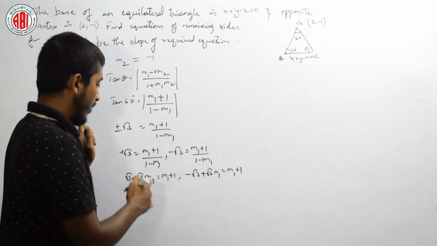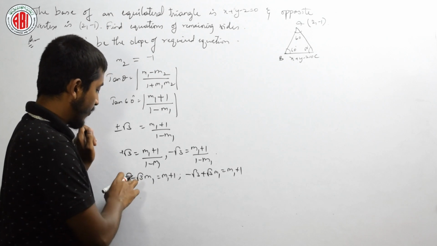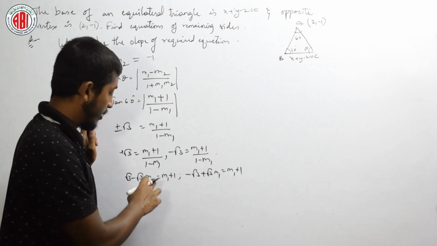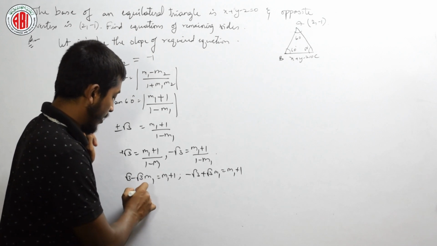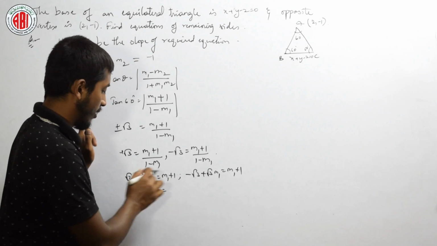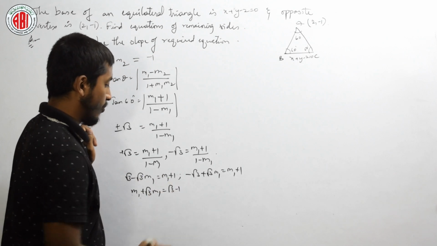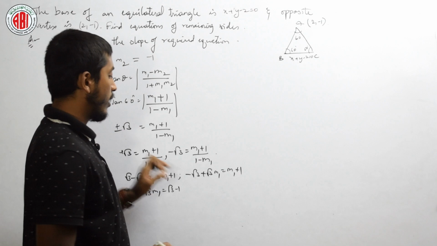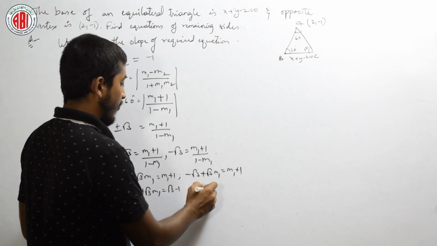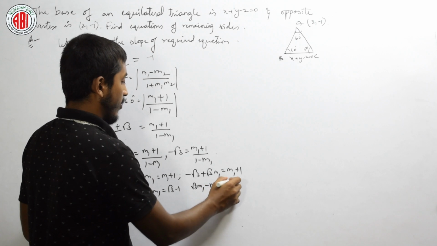Let us transform everything to one side. Let us transform this root 3 m1 to that side and 1 to this side. Okay. See here, here it is m1 plus root 3 m1 is equal to root 3 minus 1. Okay. Here let us transform this m1 to this side, becomes root 3 m1 minus m1 is equal to 1 plus root 3.